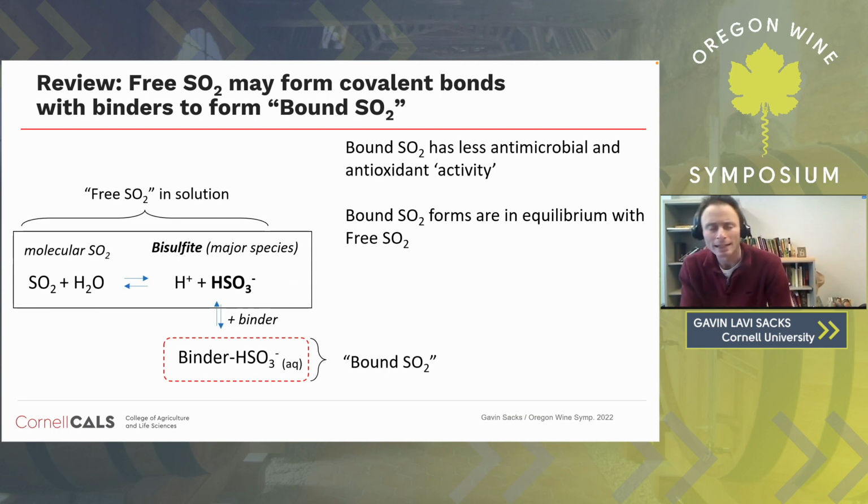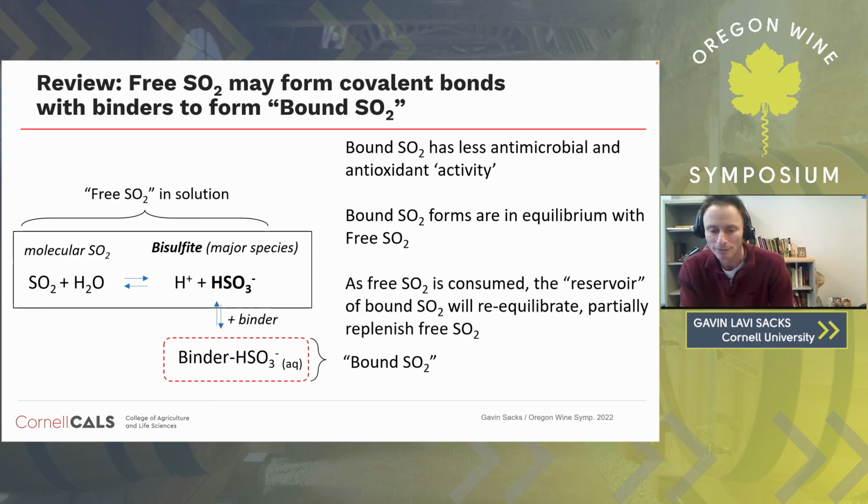Bound SO2 and free SO2 are in equilibrium. What that means then is as free SO2 is consumed during wine oxidation, bound SO2 will re-equilibrate such that it'll partially replenish the free SO2 pool. It acts like a reservoir such that free SO2 will decrease more slowly than total SO2 will decrease, because there's always a portion of free SO2 getting replaced by the bound portion.